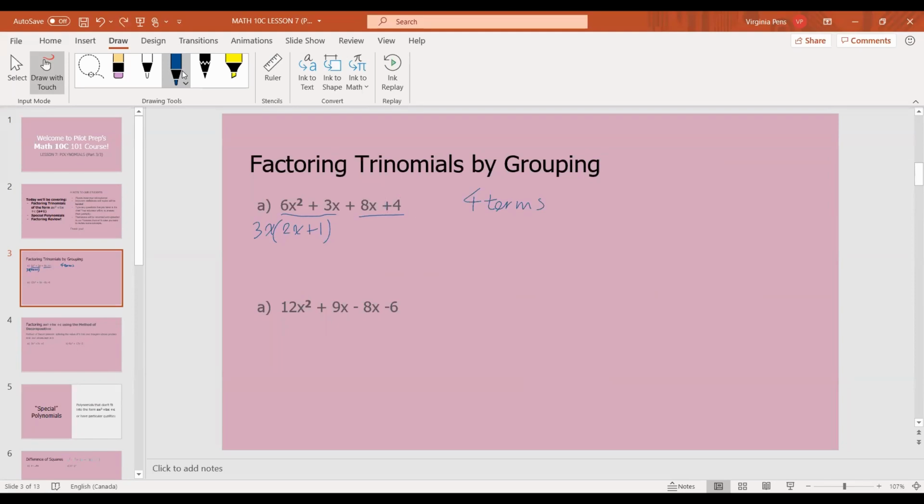But we can take out a 4 from both of these. So 8 divided by 4 leaves 2. And then we have to keep the x as well because the x never got divided out. And then we have 4 divided by 4 is 1.